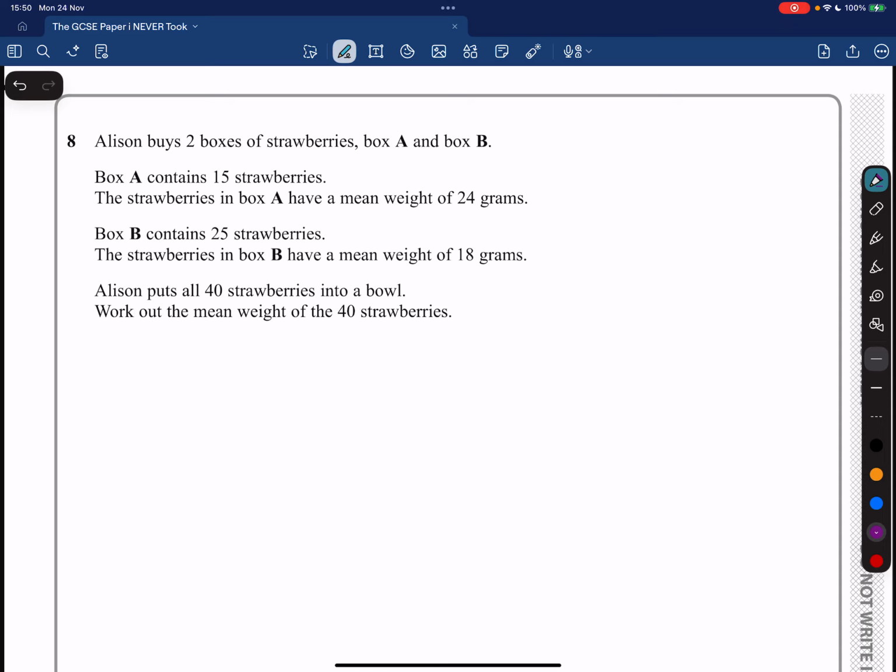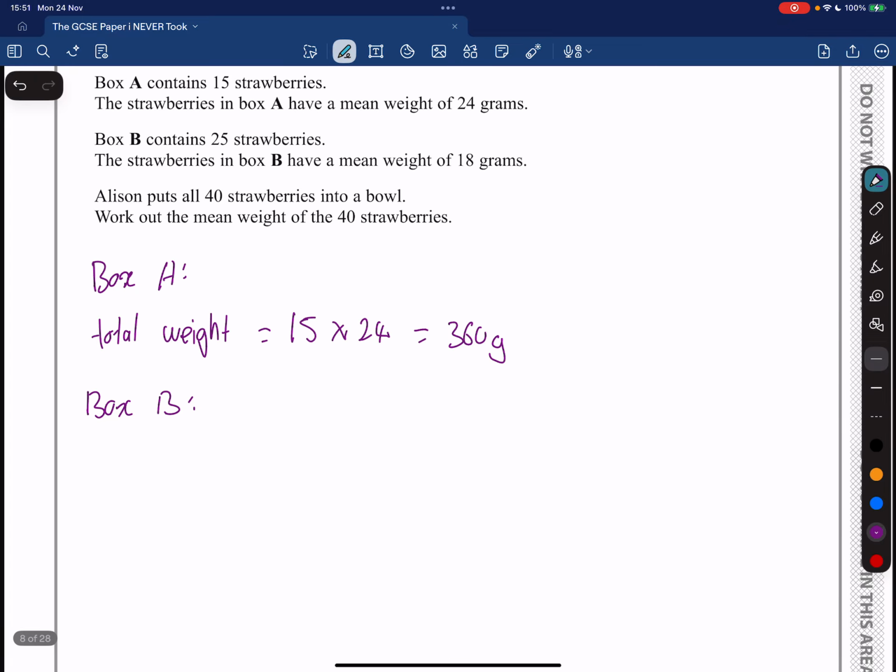Okay, so the mean is 24. Box A total weight is equal to 15 times 24, which is equal to 360 grams. Box B total weight is 25 times 18, which is equal to 450 grams.